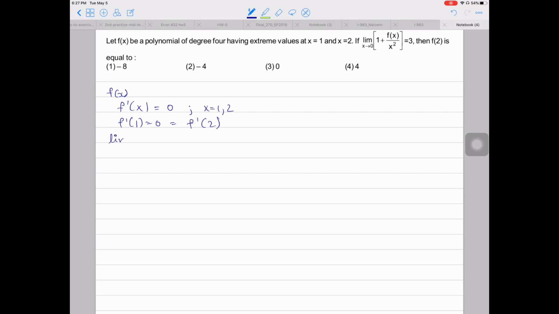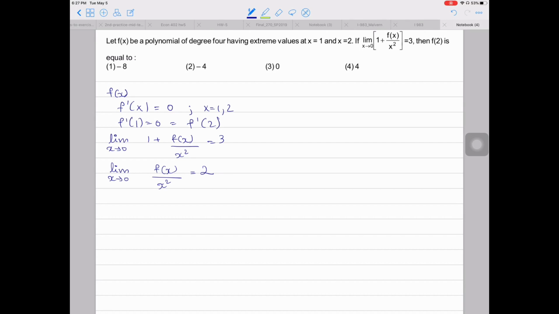And we know that the limit as x tends to 0 of (1 plus f(x) over x squared) equals 3, which also tells us that the limit as x tends to 0 of f(x) over x squared equals 2. We can just subtract 1 from each side since 1 is a constant. The question could have been given with this limit, but they just added 1 to confuse people.